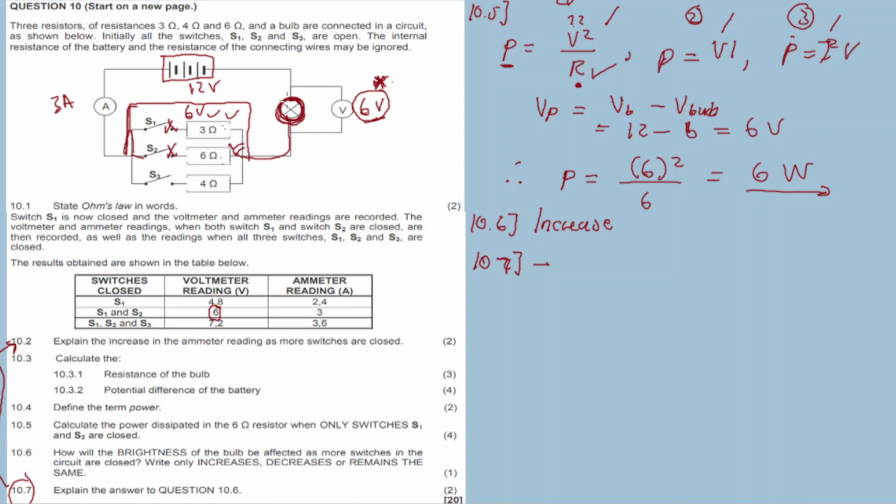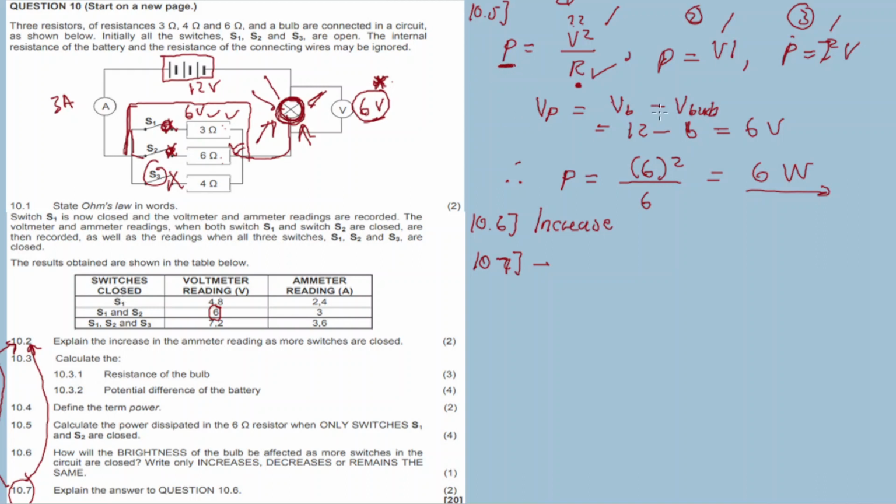More and more charges are flowing, so therefore they deliver a lot of energy here. So the brightness: when I close switch 1 it becomes slightly dim, when I close switch 2 it becomes brighter, and when I close switch 3 it becomes very bright, you see? So our answer somehow lies here in 10.2.